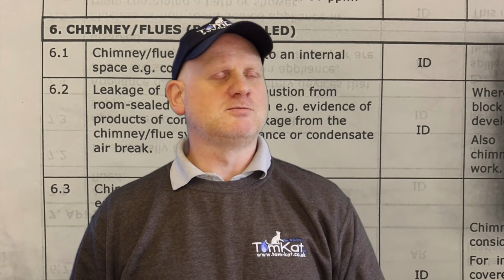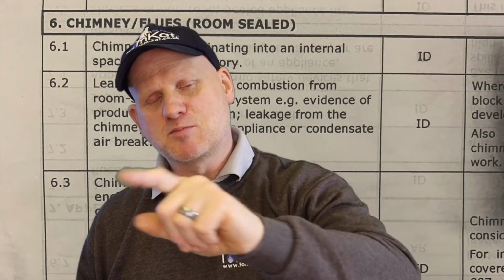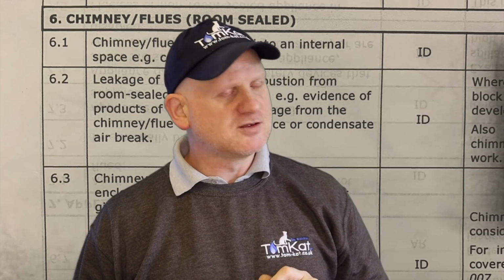If the flue is missing, that also makes it ID because it's putting products of combustion into the room. And if it's putting products of combustion into the room because the flue is too close to an opening, that makes it ID. That's what makes flues ID.